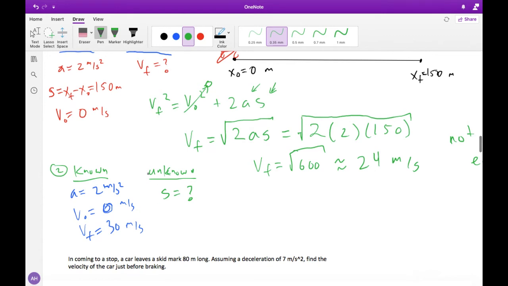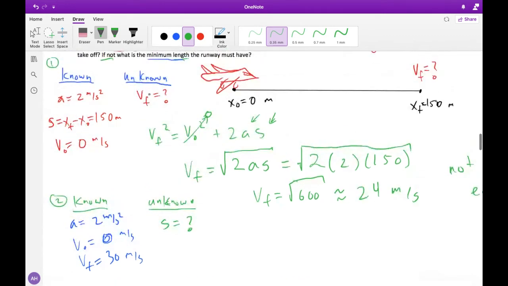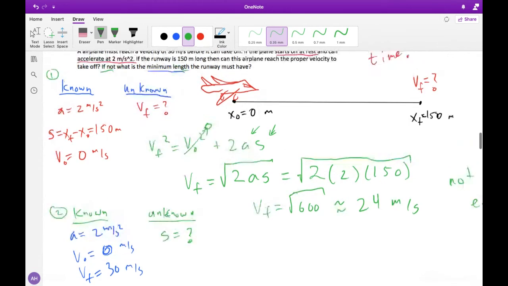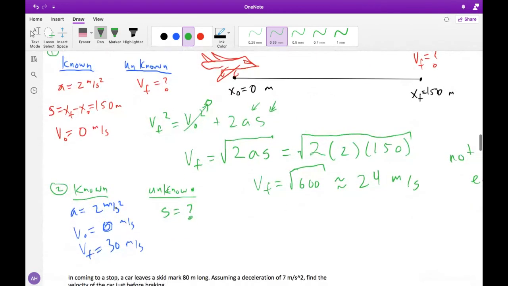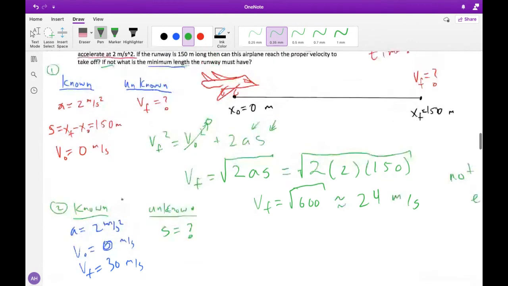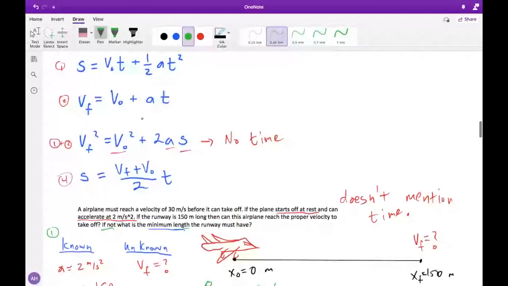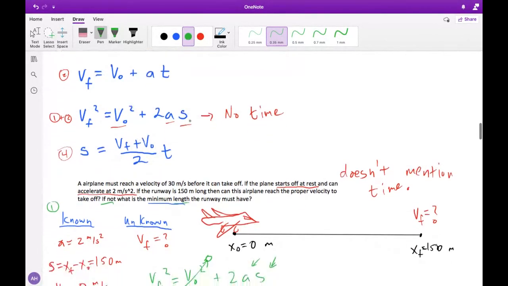And so similar to how we chose an equation for part 1, we'll go through the same process of saying, well, this is what we know, this is what we don't know. Let's see which one of these equations best aligns with that. And again, since there's still no time involved, we can use the same equation used in part 1.